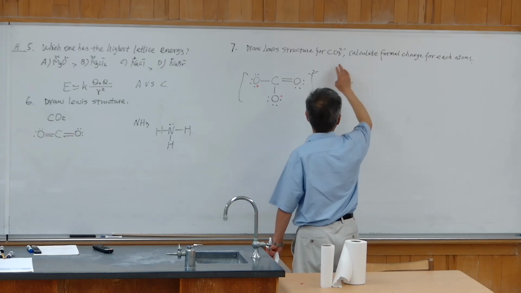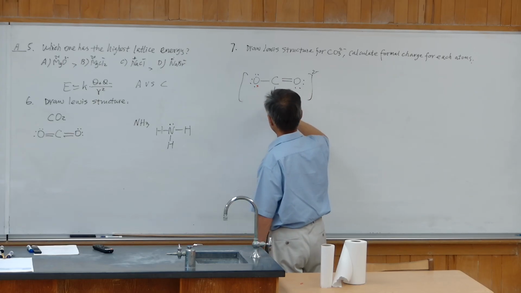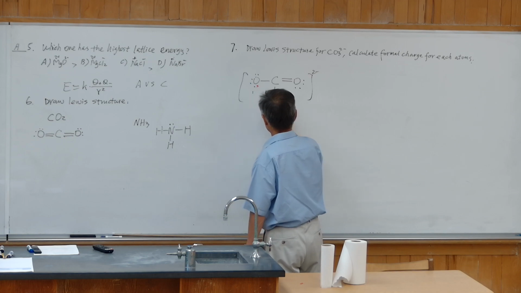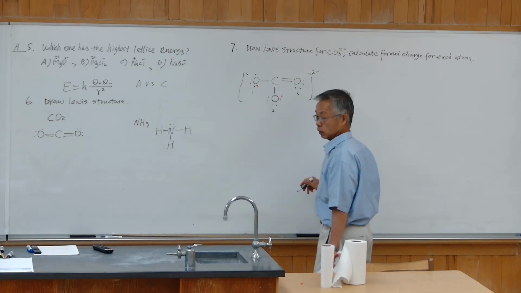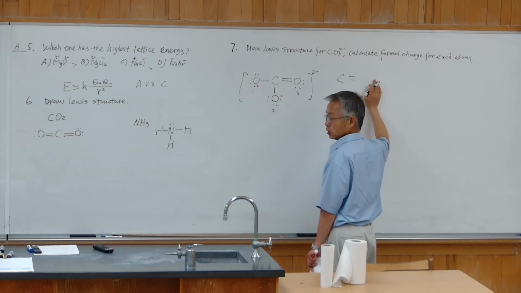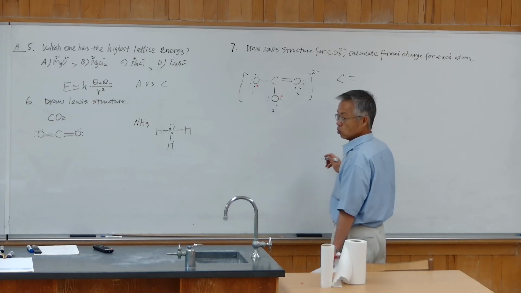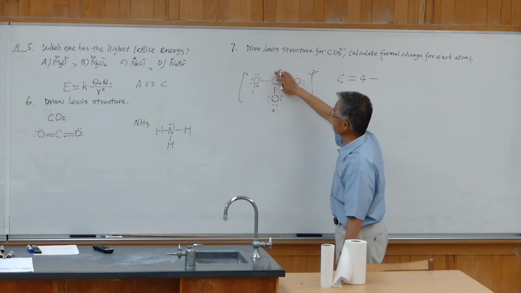Now calculate the formal charge for each atom. Since we have 3 oxygen there, we need to label them by number. Carbon is only 1, so we don't need a label. So carbon: isolated carbon from group 4A has 4 valence electrons. In this structure, is there any lone pair?